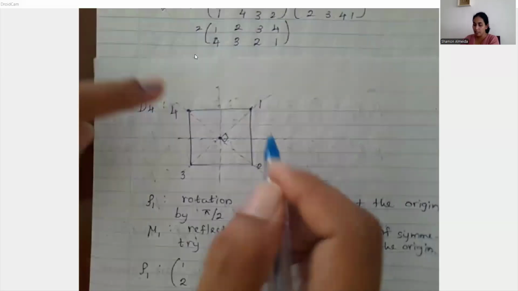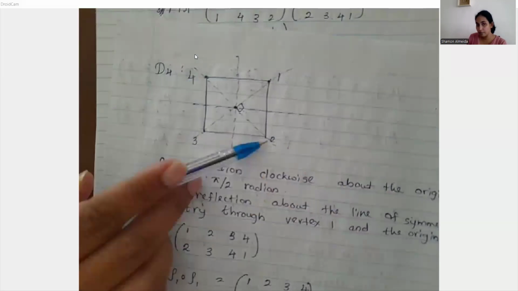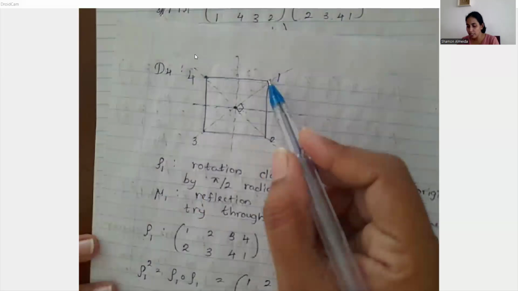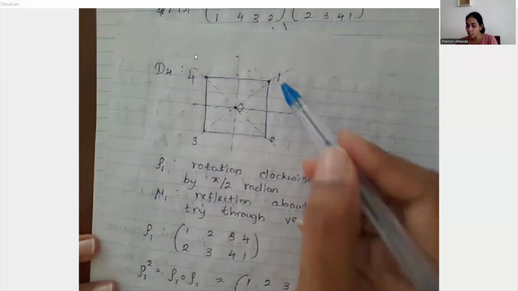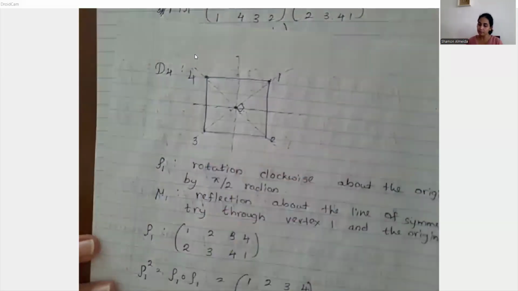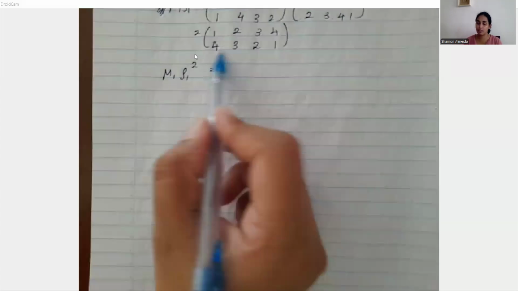When you do the reflection, 1 will come here and 3 will be here, right? 4 will be in this place, 2 will be in this place. So when you look at these labels, you will see 4, 3, 2, 1. That is why we have this permutation.